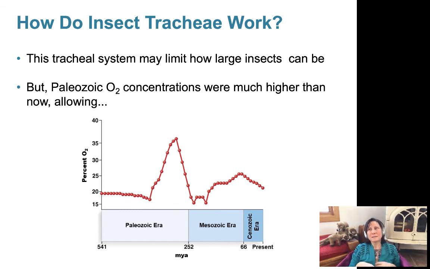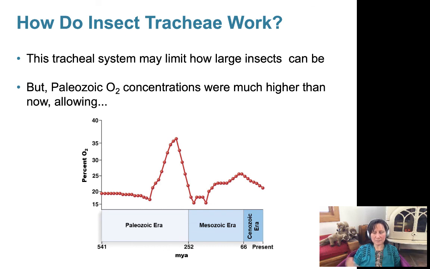Now, I mentioned last time how the tracheal system allows for gas exchange, but it's a somewhat passive gas exchange. As a result, it's going to limit how big insects can get, because in order to efficiently respire, they need to be able to get oxygen in and out.